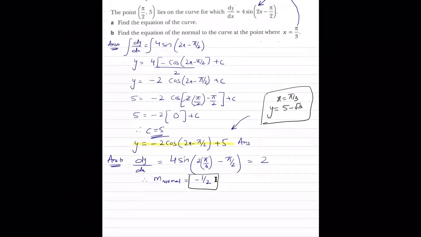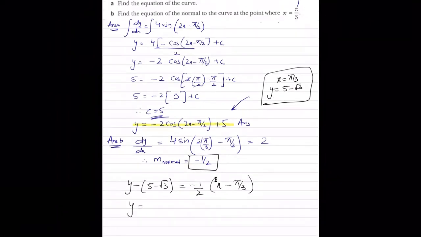To find the equation of the normal, you just use y minus y1 equals m times x minus x1. Then you can simplify this: y equals minus x upon 2 plus pi upon 6 plus 5 minus root 3. So that is the equation of the normal.